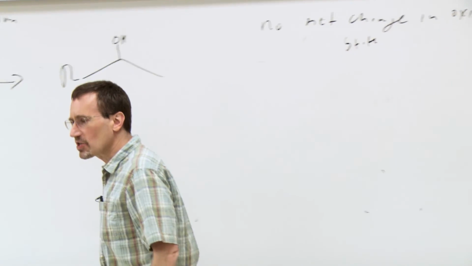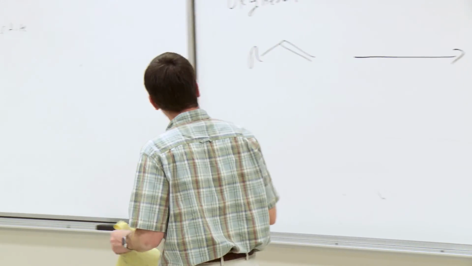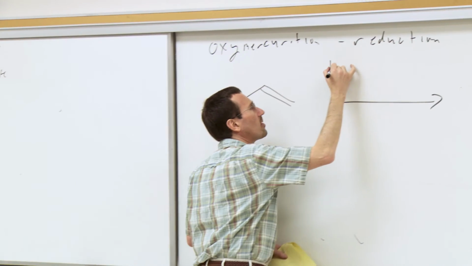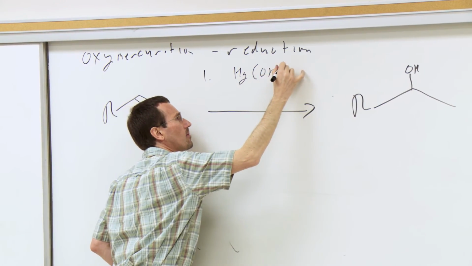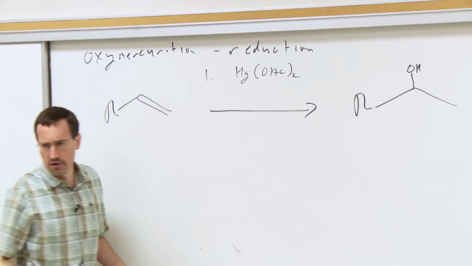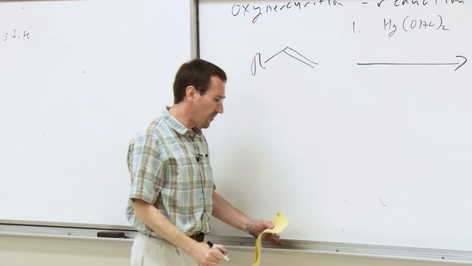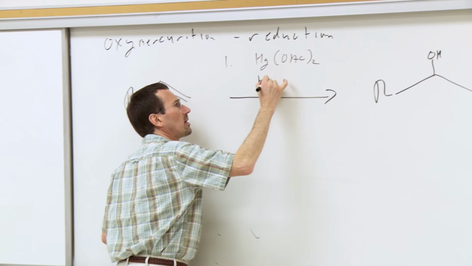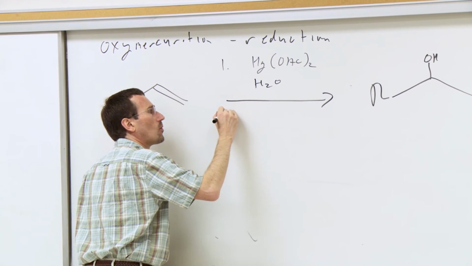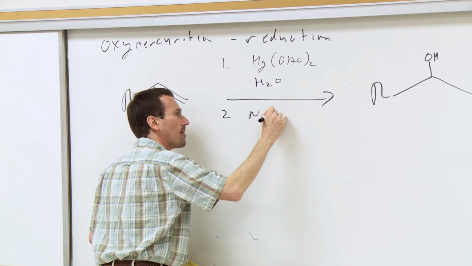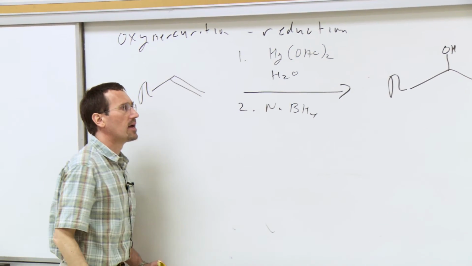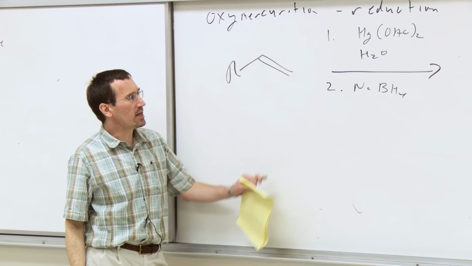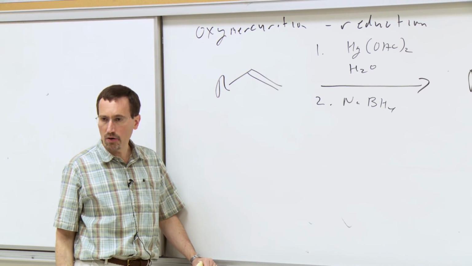And if you brush off your sophomore organic chemistry notes and remember what this reaction means, we're taking mercuric acetate or another mercury(II) salt in the first step with water. In the next step we add sodium borohydride. The overall result is we get the alcohol.